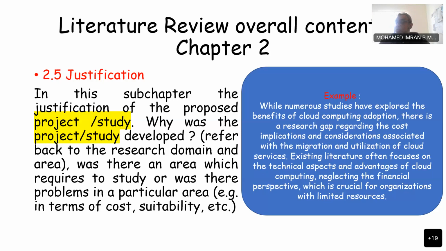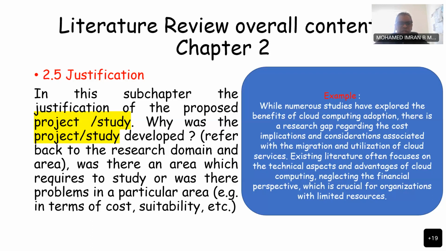So this is also one point that you have to highlight in your particular subchapter as well. Okay, so this is the justification subchapter.